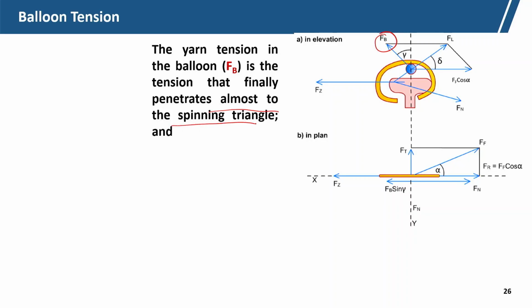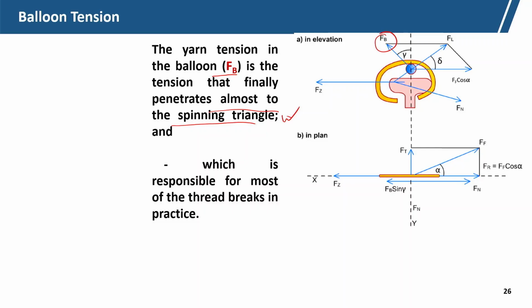From the yarn, the tension gets transmitted through the traveler, and ultimately it is transmitted to the spinning triangle. The balloon tension is responsible for the yarn breakage that takes place at the spinning triangle, which is responsible for most of the thread breakage.